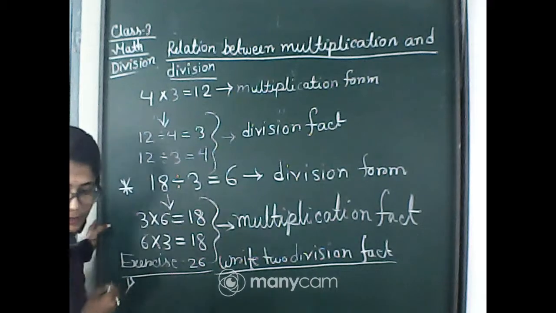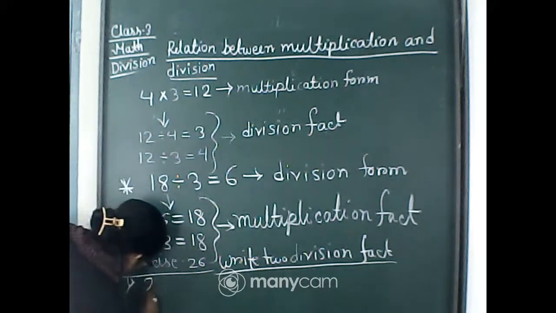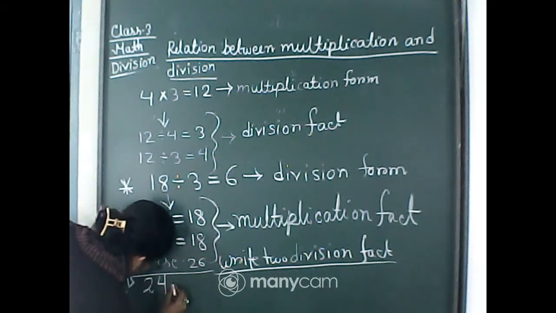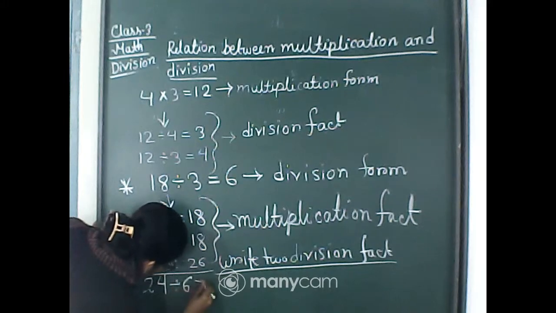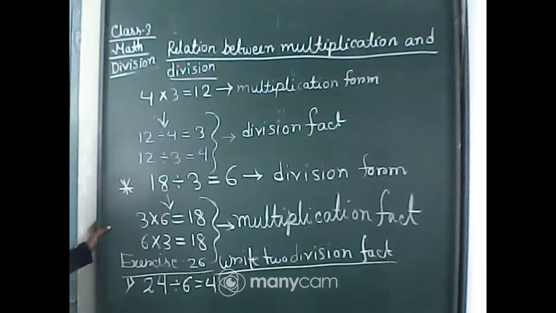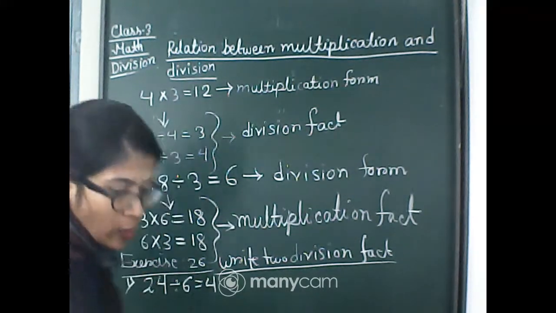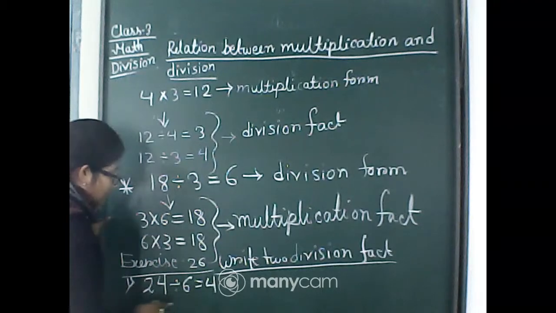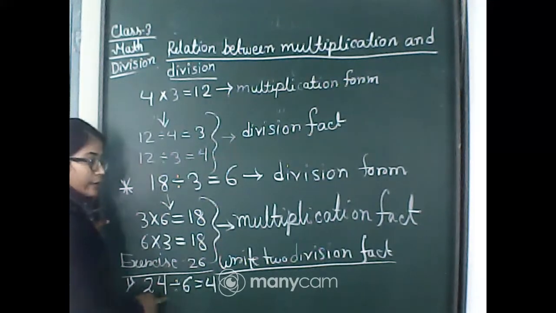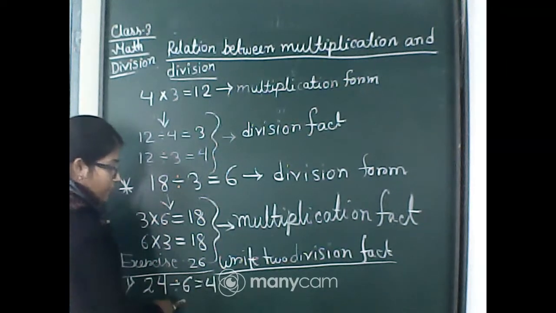The math is 24 divided by 6 equal to 4. This is the math, okay? Now as we all know, this is the division fact.